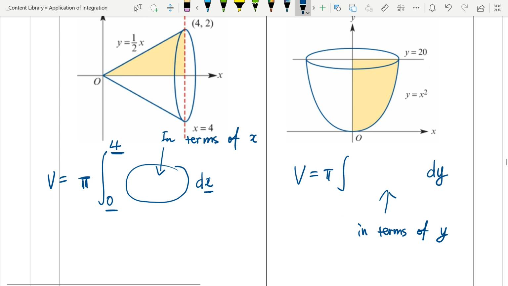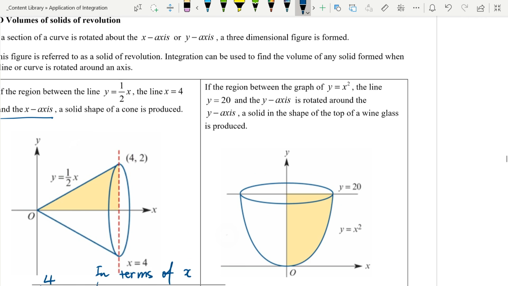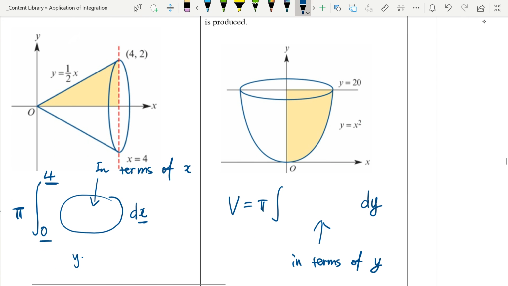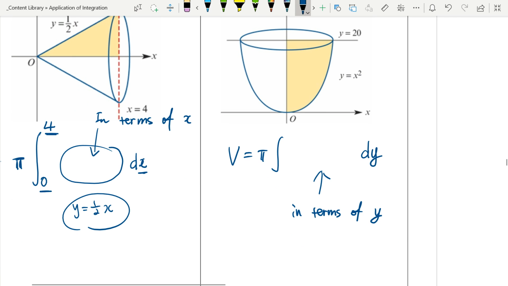So the first thing is which axis we rotate about, and whether we put dx or dy there decides what you can have in between. If it's dx, we have it in terms of x. If it's dy, we have it in terms of y. So now the equation is y equals a half x. This is good to use because I want to substitute x into the expression.